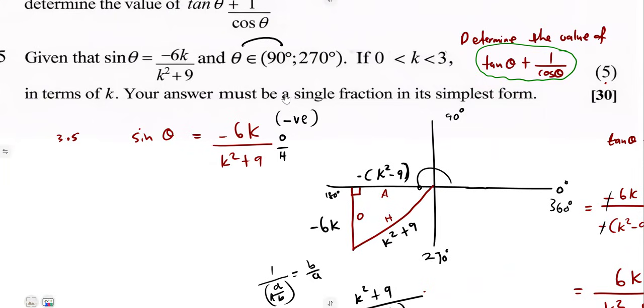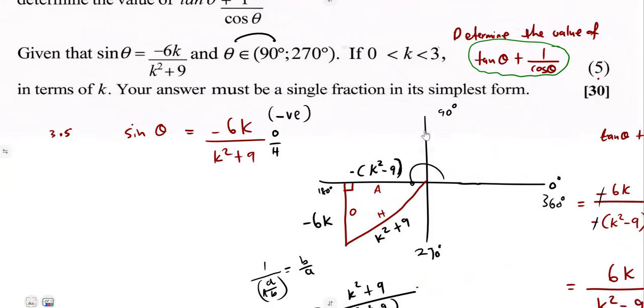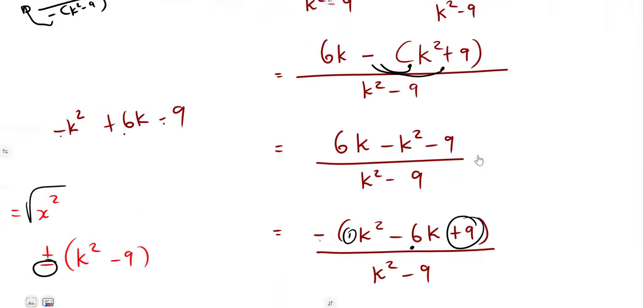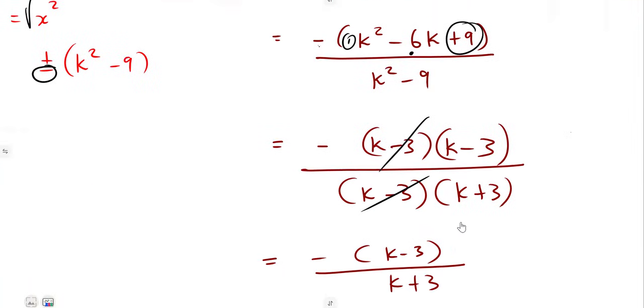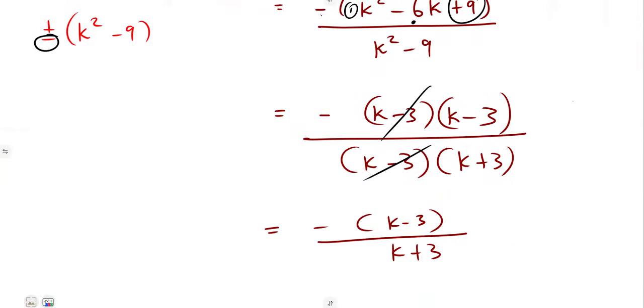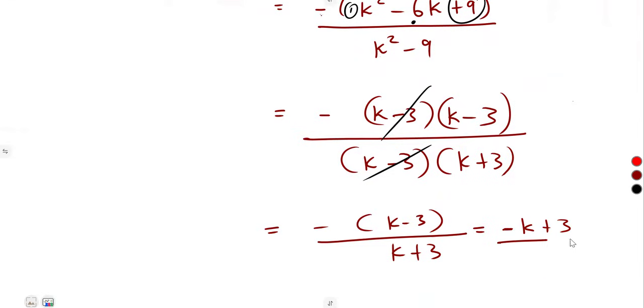And your answer must be a single fraction in its simplest form. So this is a single fraction in the simplest form. As we can see, we cannot simplify any further. So you must simplify up to the extent that you cannot simplify any further. Like I said, yes, we can expand by negative. It's going to be negative k plus 3 over k plus 3. These two cannot cancel, guys. This is negative k. So you just have to leave your answer as it is.